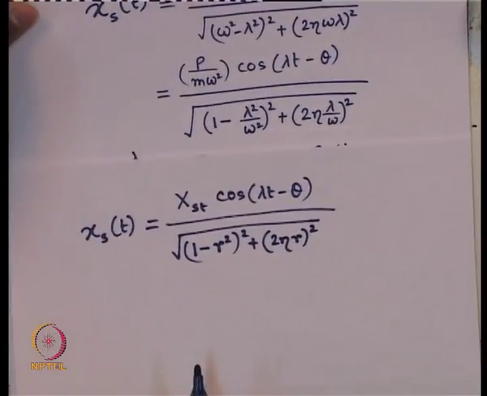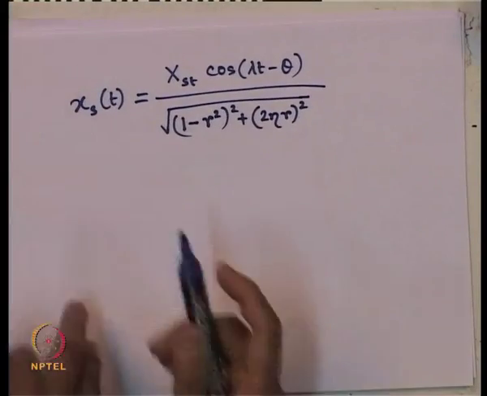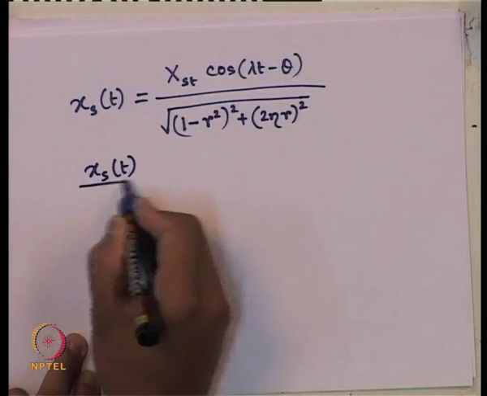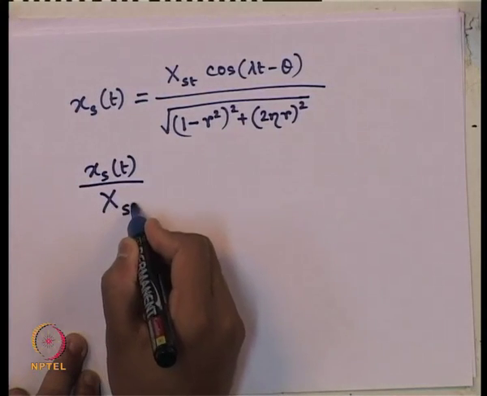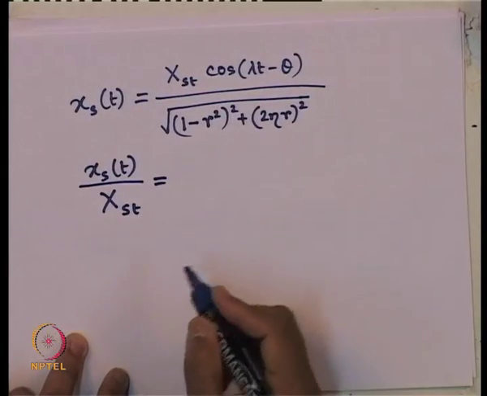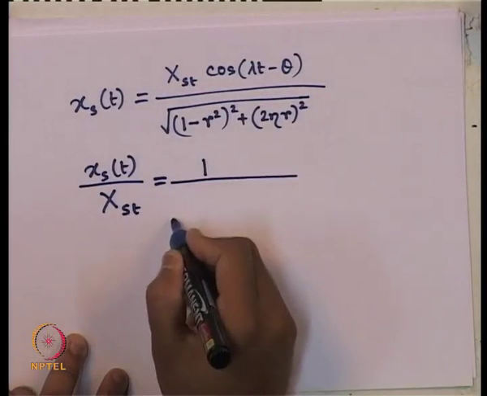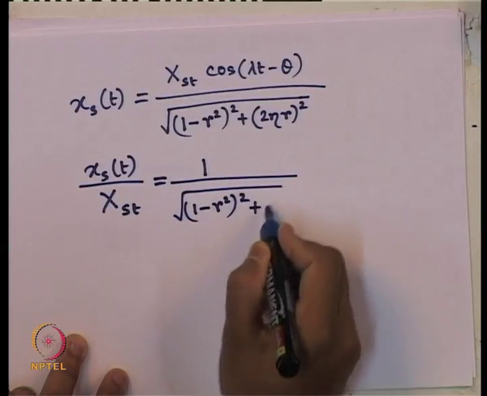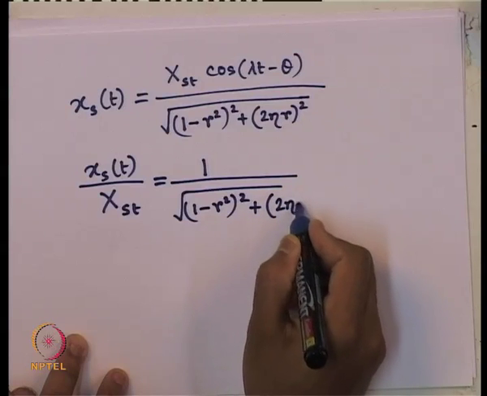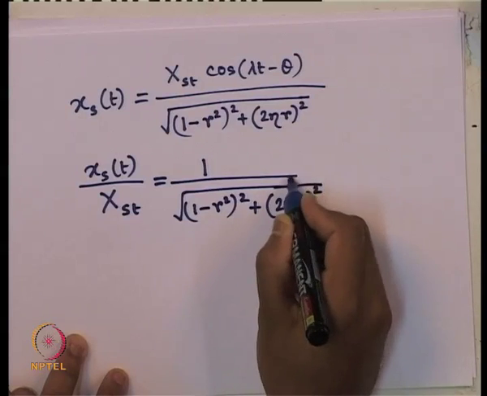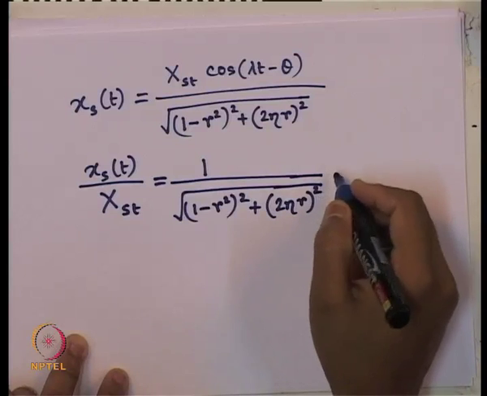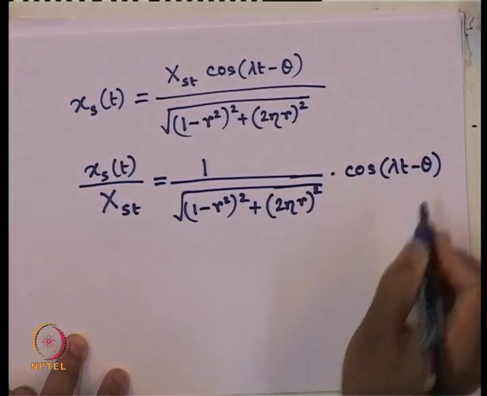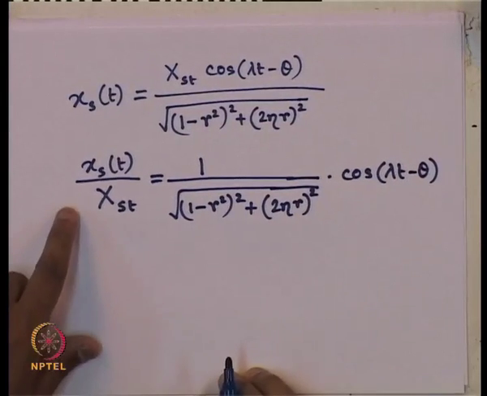So, we can simplify again this expression like this: the steady state displacement by the static displacement equals 1 by root over 1 minus r square whole square plus 2 eta r whole square times cosine of lambda t minus theta. What it shows us?